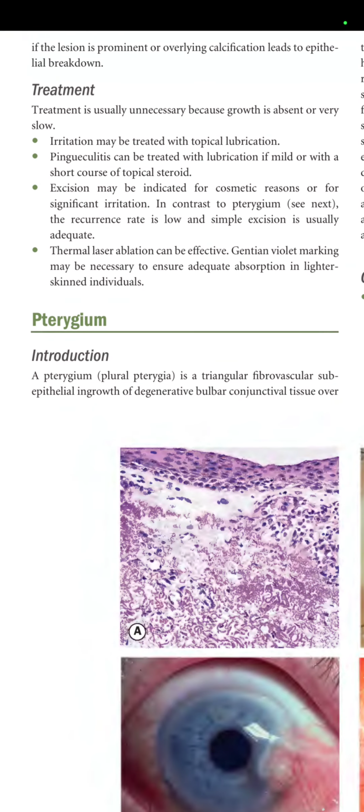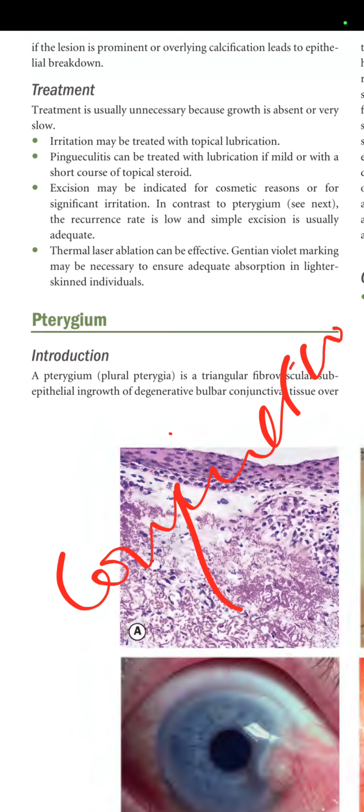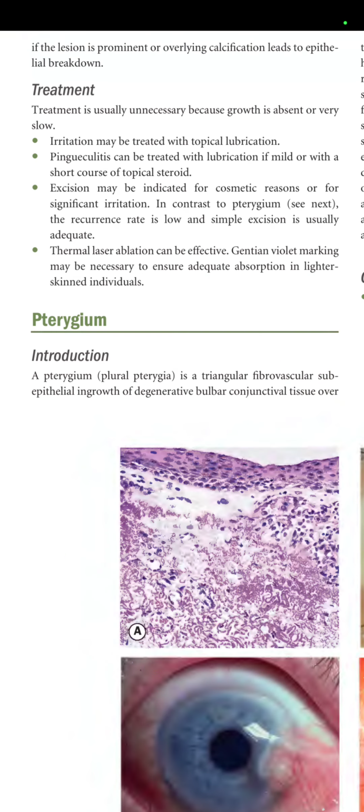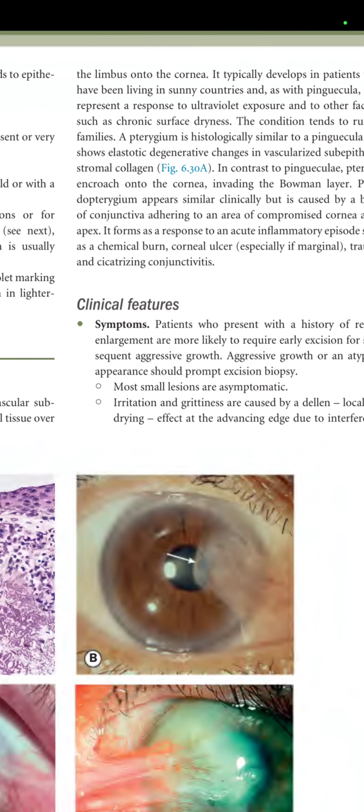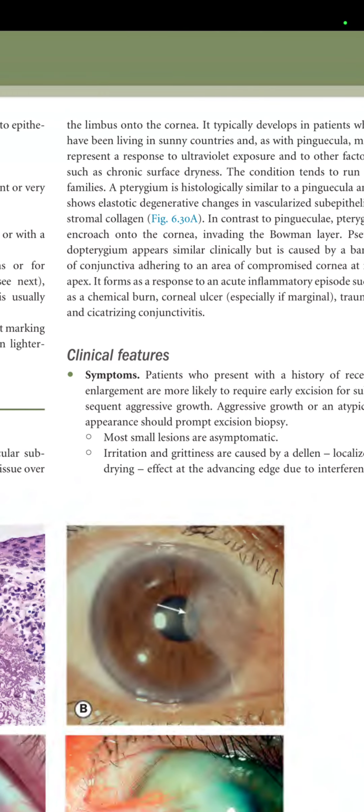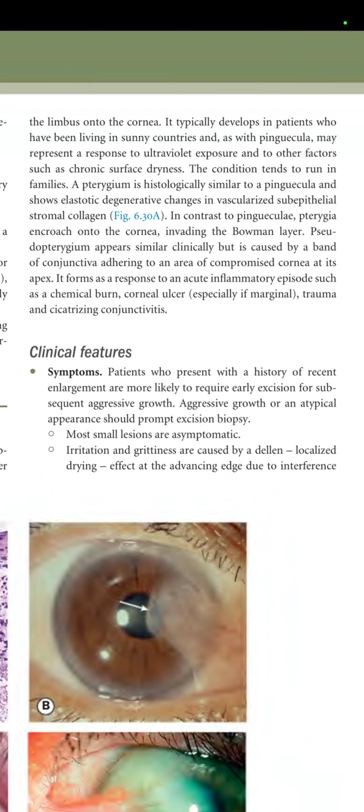So basically the conjunctiva is degenerative, and in the subepithelial region there is a fibrovascular growth, and it extends into the cornea. It typically develops in patients who have been living in sunny countries, and as with pinguecula may represent a response to ultraviolet exposure and to other factors such as chronic surface dryness.